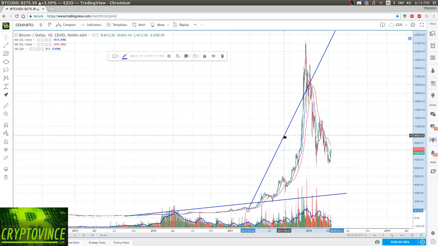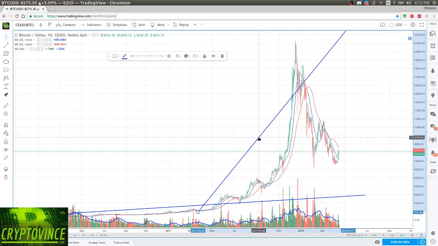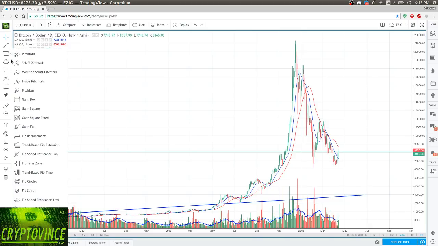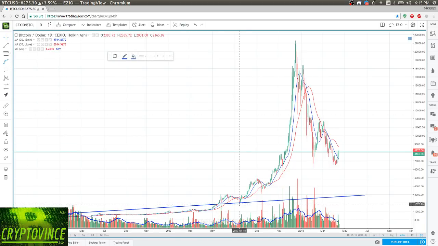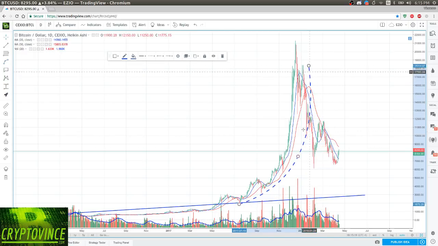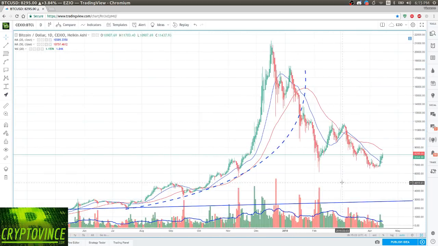Why is that? Because they become parabolic when I pass to a linear scale. So instead of a line, this thing should be kind of a parabola here, right there. More a parabola.